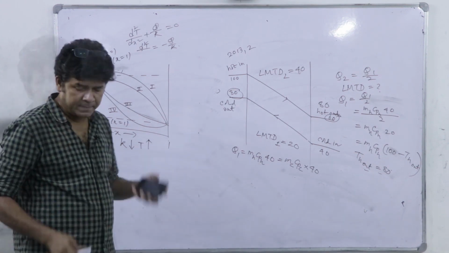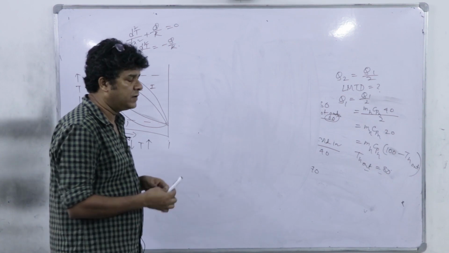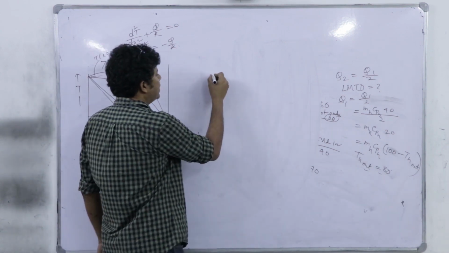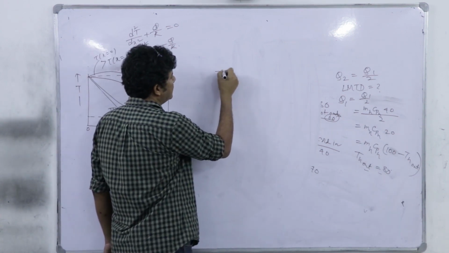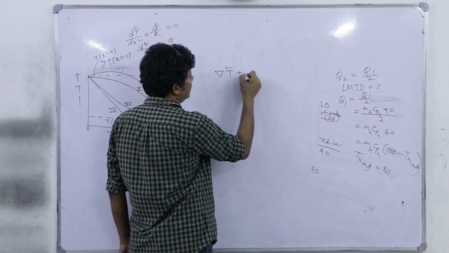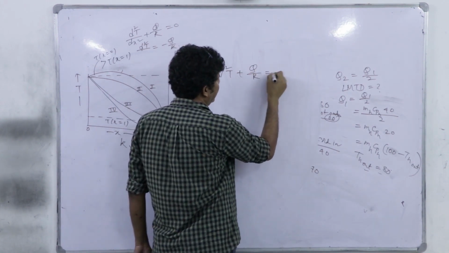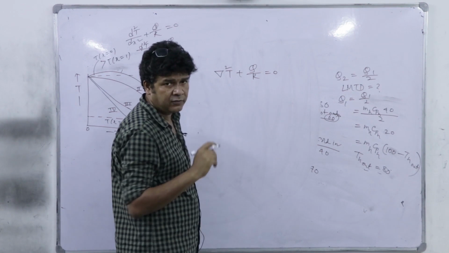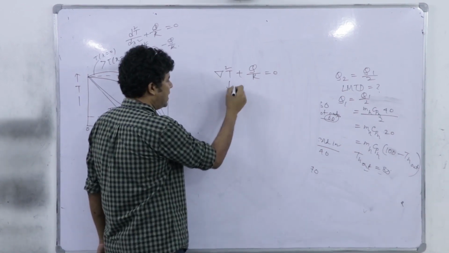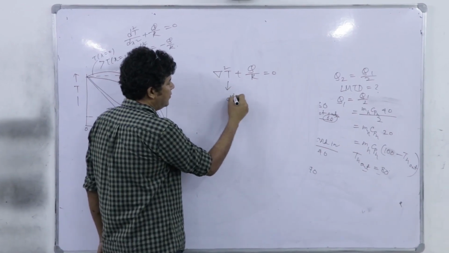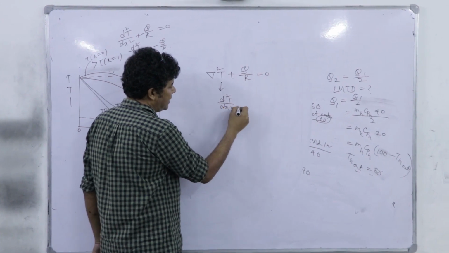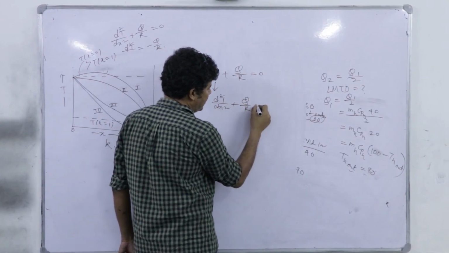So you see, though I have mentioned this heterogeneous continuum, generally we are accustomed with Fourier's law, that grad square T plus Q by K equal to 0. But if it is heterogeneous, what will happen, at least in Cartesian coordinate? In one dimension we have d square T dx square plus Q by K equal to 0.